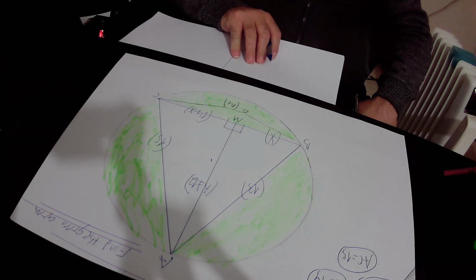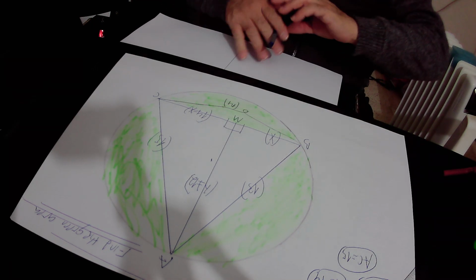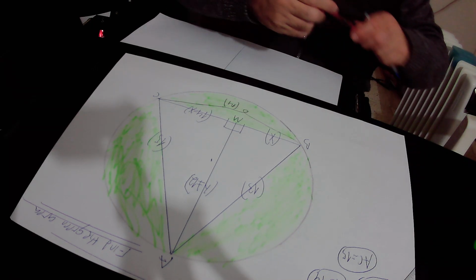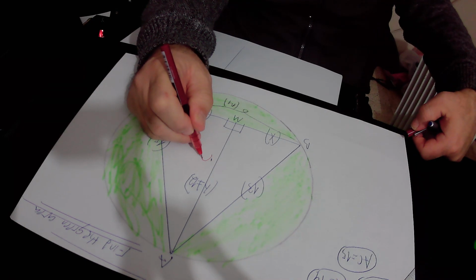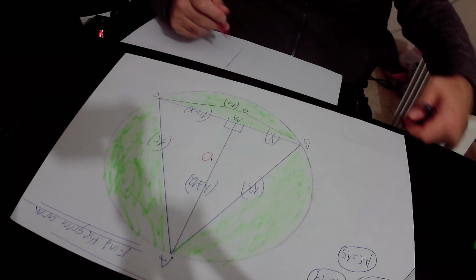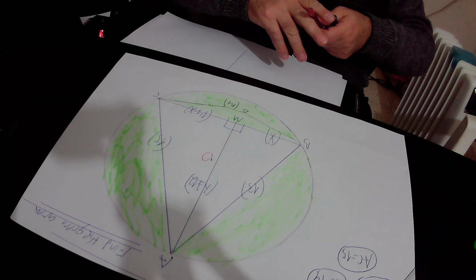In the next step, we define the center of this circle as O. This is the center of this circle, defined as O. And we'll join points O and A together by a straight line.